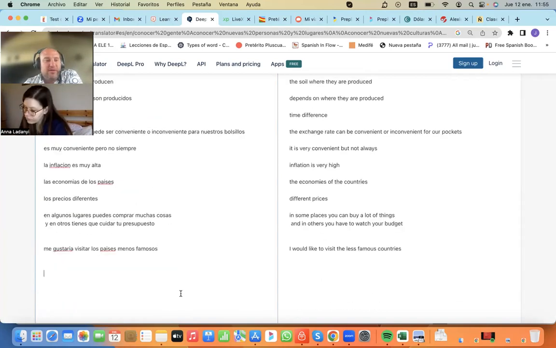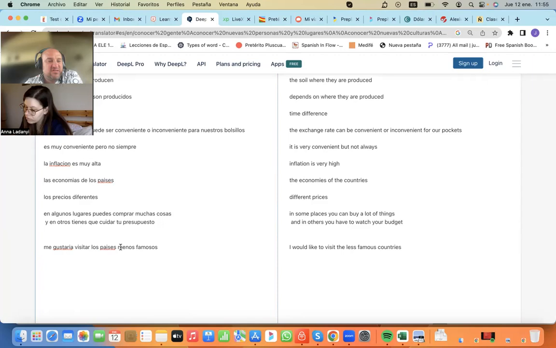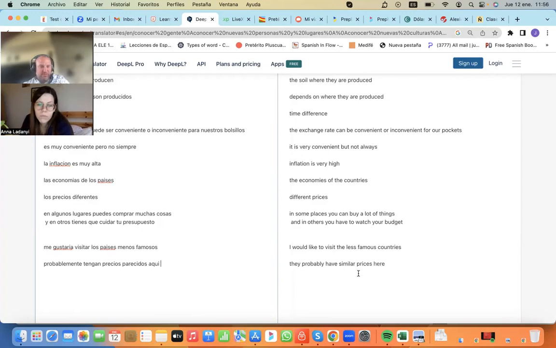Romania, Bulgaria, Albania, Greece, all those countries are really cheap. Probablemente tengan precios parecidos a aquí. Parecidos que aquí. Que aquí is than here, okay?